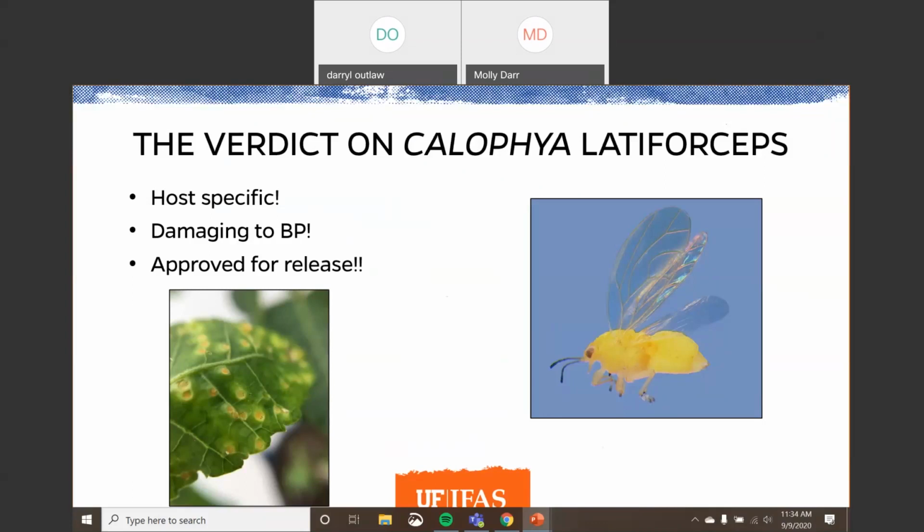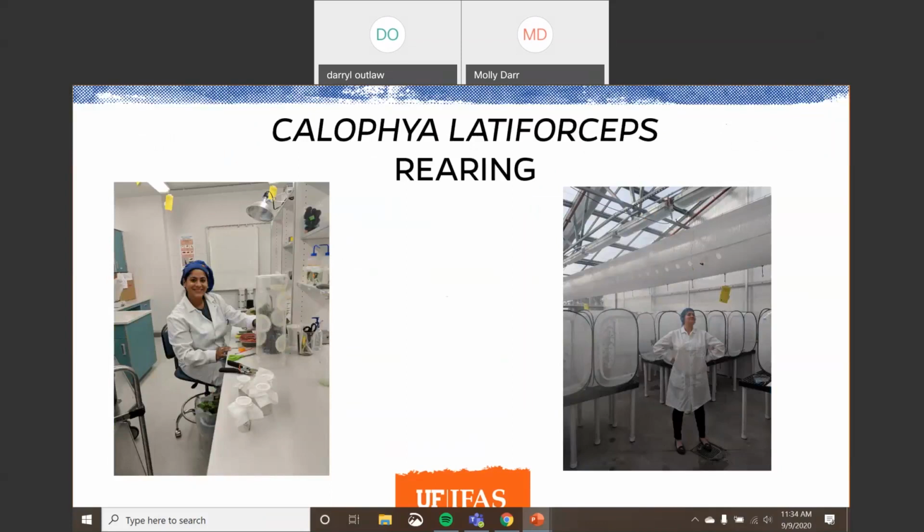So you can see the two smiling and triumphant looking faces of these young ladies on the screen right now. They have been working on rearing these insects. These guys are extremely hard to rear. And unfortunately, we have lost our colony inside the lab. So we don't have any currently in the lab right now.